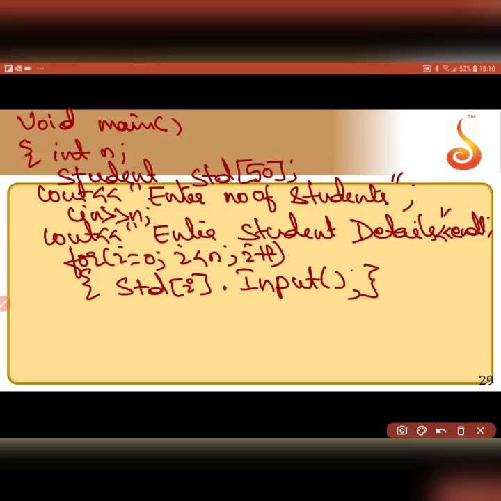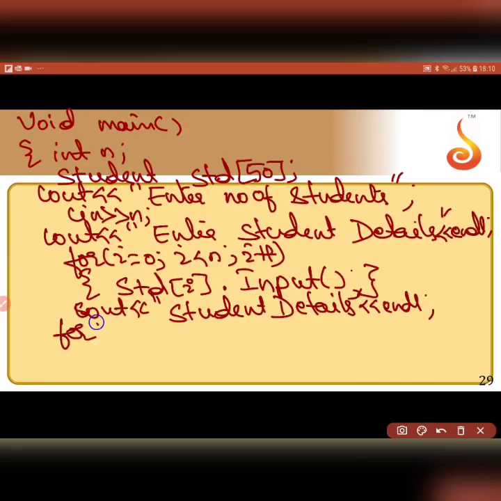Once I have taken in, I need to print those details. So cout student details, for i equal to 0, i less than n, i plus plus, std dot, what is the name of the function here?